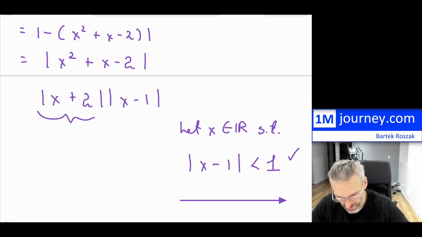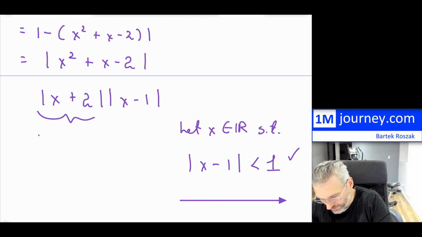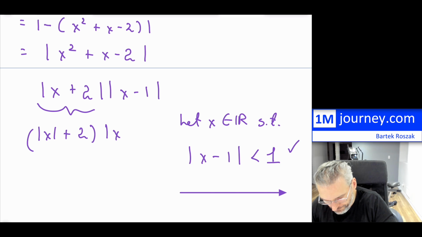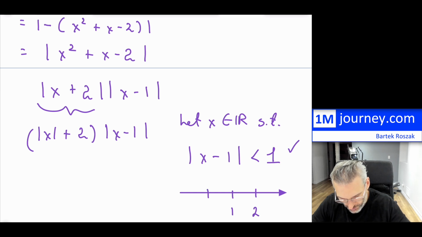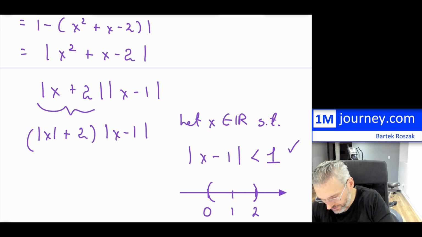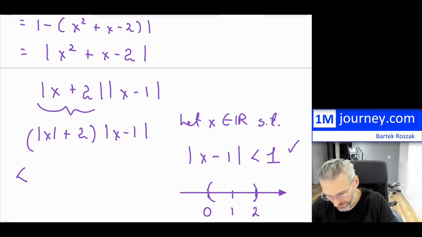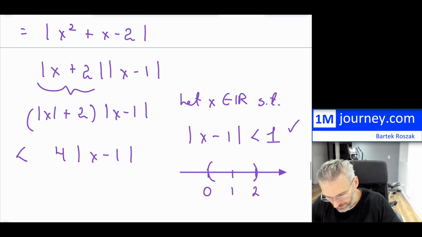Trying to maximize that x plus 2. Around 1, that would have been 2 and 0. So within here, this is going to be less than 4 times x minus 1, and there you go.